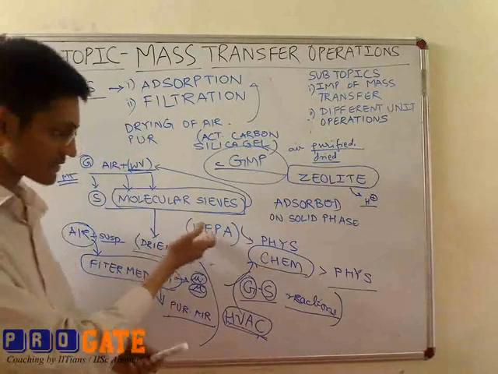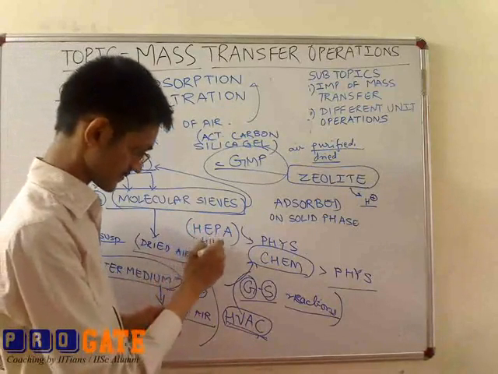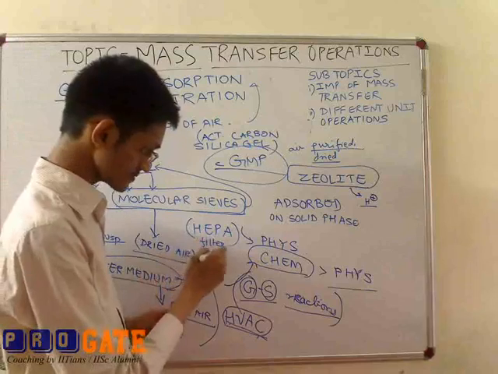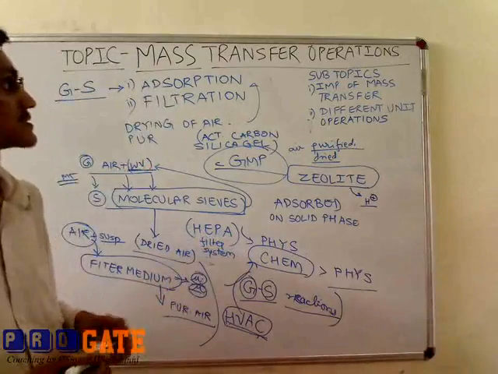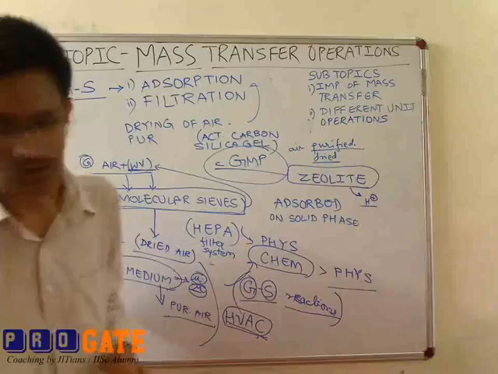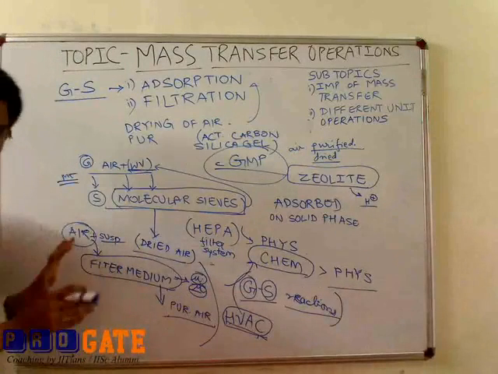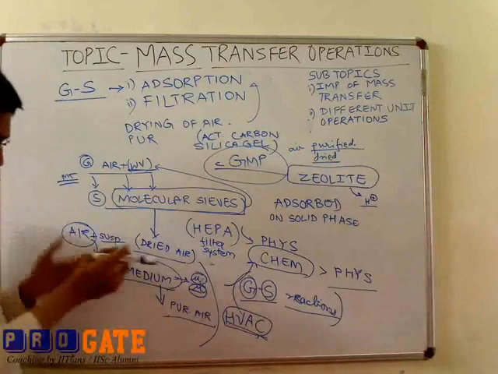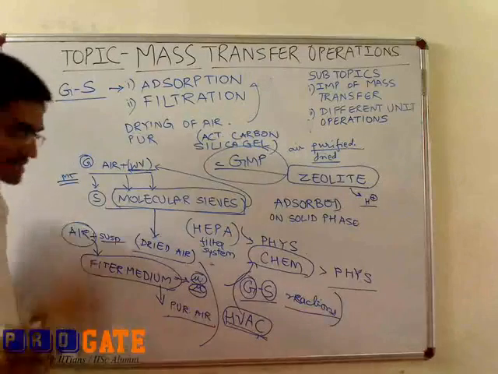HEPA stands for High Efficiency Particulate Air Filter System. So here the contacting phases and how the mass transfer plays the role. Here it's just the separation. We are not involved with the concentration to dilute or dilute to concentration. Here it's just the separation of the suspended particles from the gaseous phase.